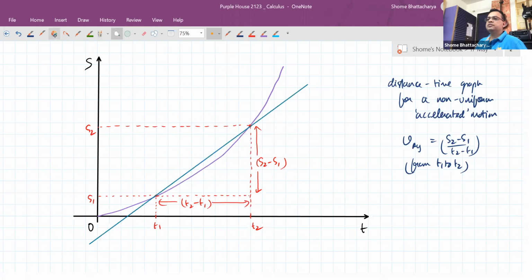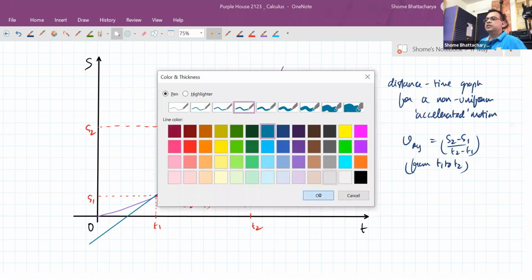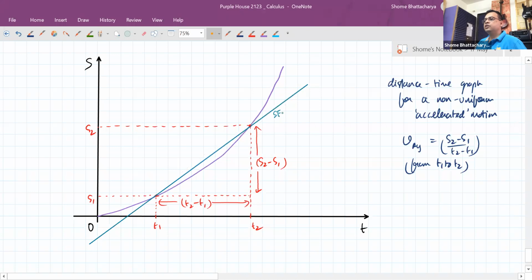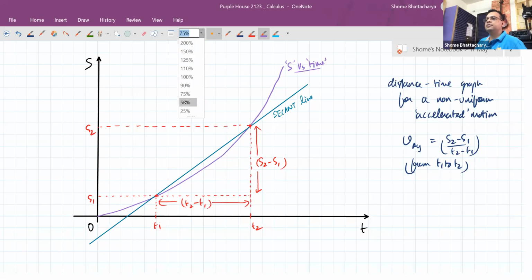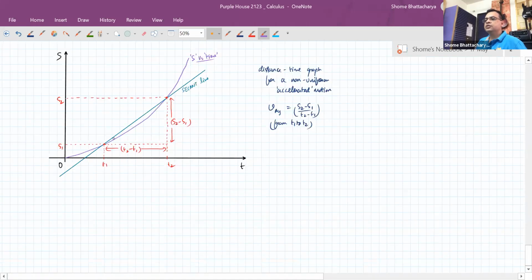Such a straight line is given a specific name. You might not have heard this name before, but it is called a secant line. Okay. Whereas this was the graph of S versus time. So the average speed between 2 times T1 and T2, or for an interval of time T1 to T2, also becomes equal to, as you can see, if this angle is theta, tan theta.